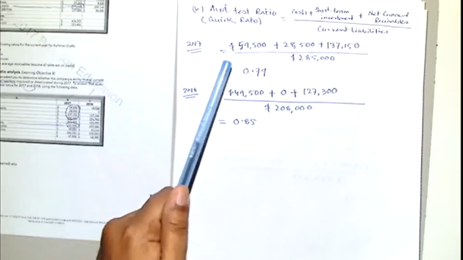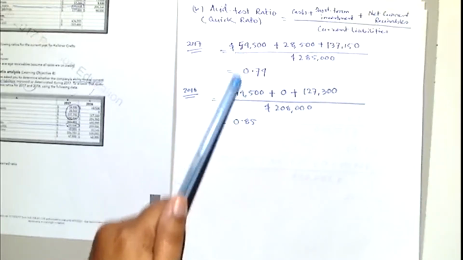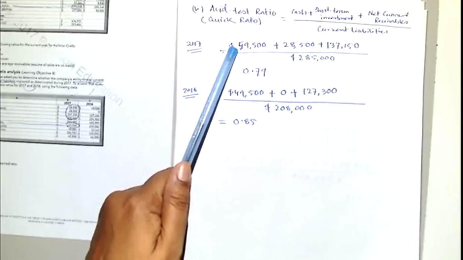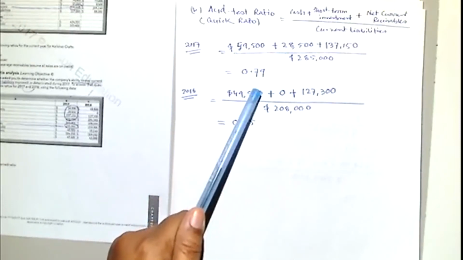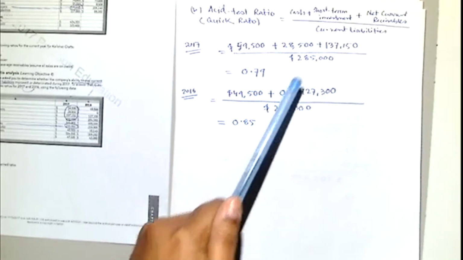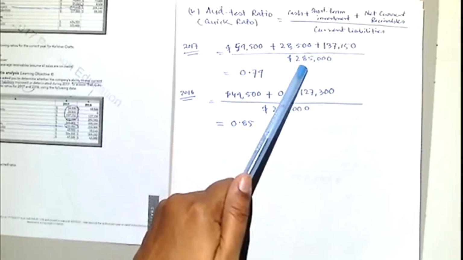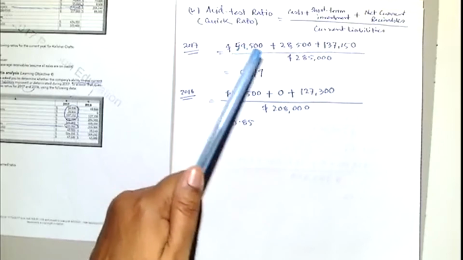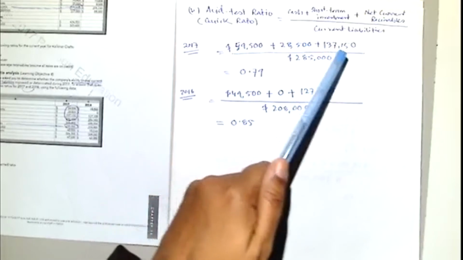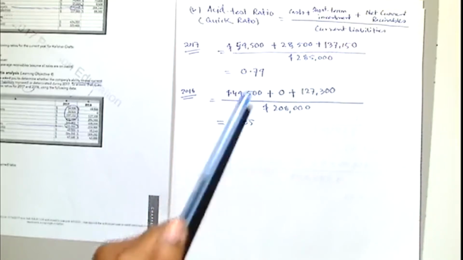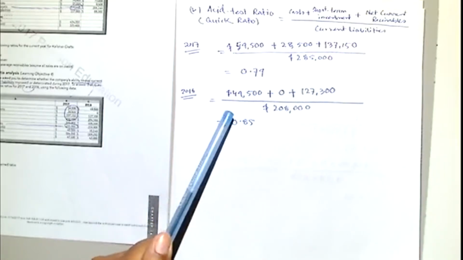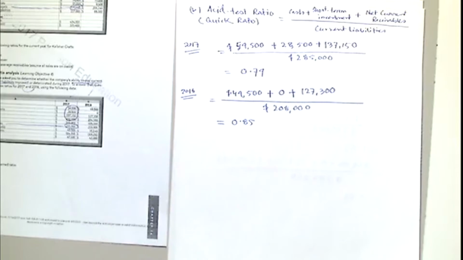They are actually holding higher cash, right? If you compare 16 to 17, holding higher cash, holding higher receivables. But their liabilities are actually higher. Even after holding enough cash, short-term investments, and receivables, their liabilities actually increase more, right? That's why their ratio went down.